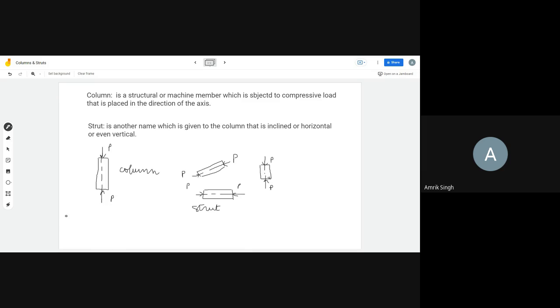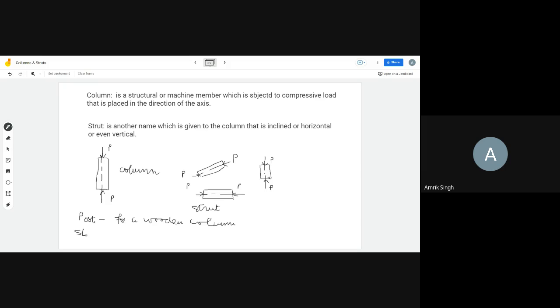Okay. So sometimes we use a word which is known as post. It is used for a wooden column. If it is made up of wood, then we call it a post.